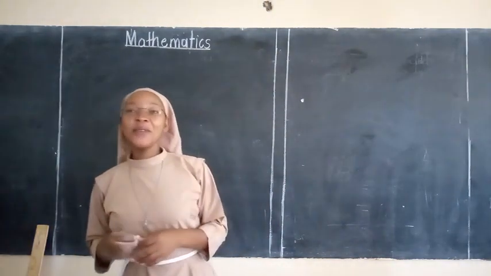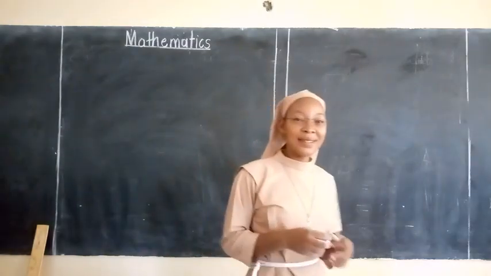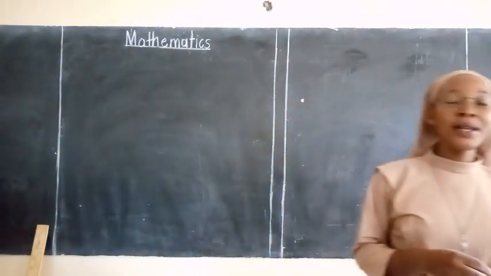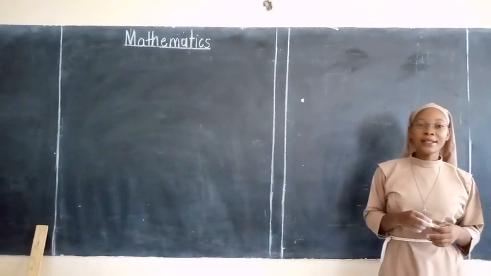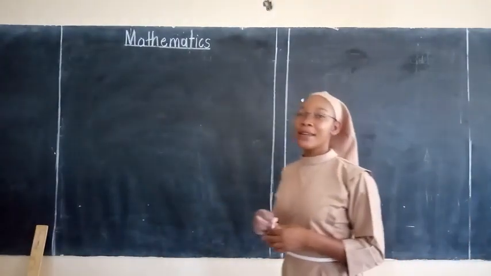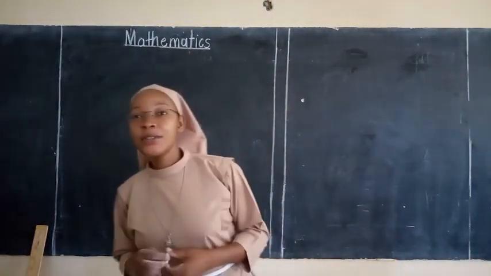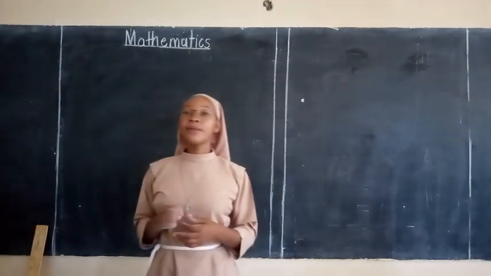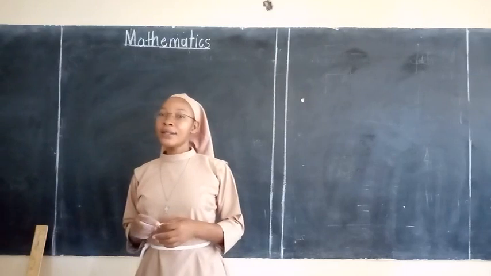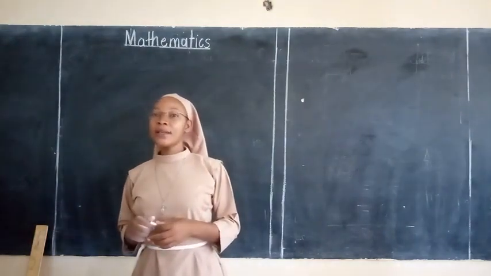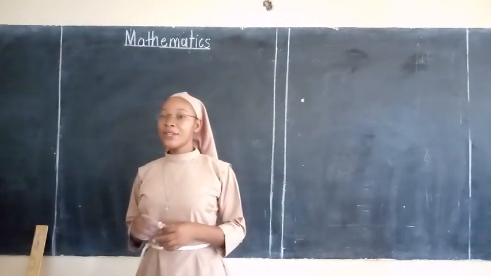orange. If you have 6 oranges and you share them between 3 girls, how many does each girl get? Each one gets 3 oranges.